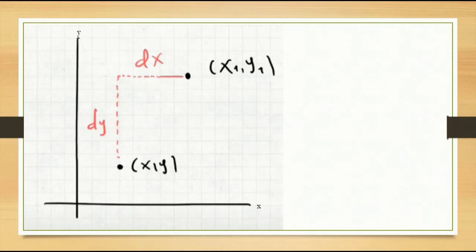So, what is translation? As we can see, the new point is moved by the distance it already had, but adding the differential of each axis. So, mathematically, x1 is equal to x plus its differential. In the same way, y1 is equal to y plus the differential of y.